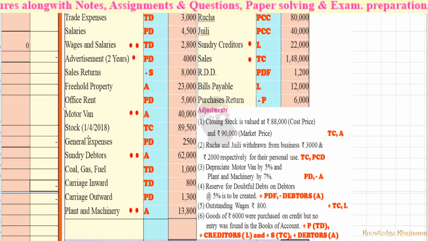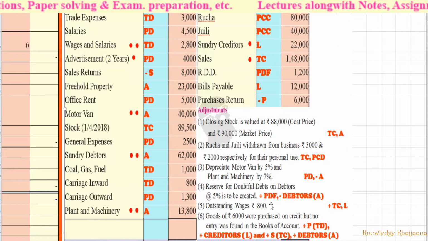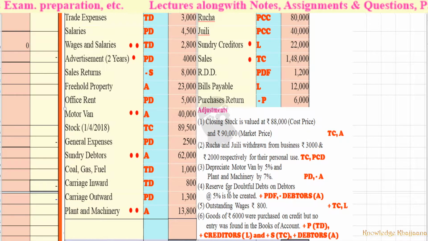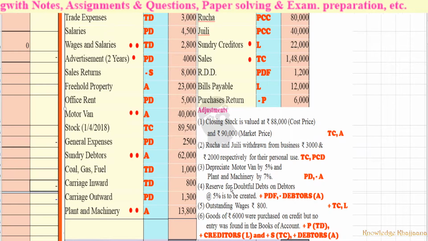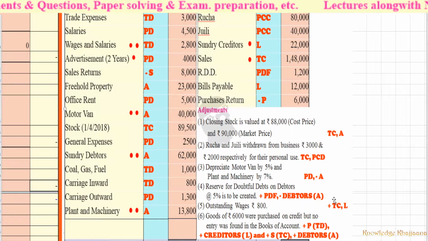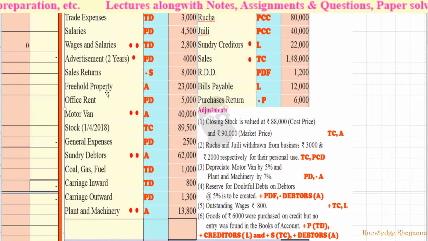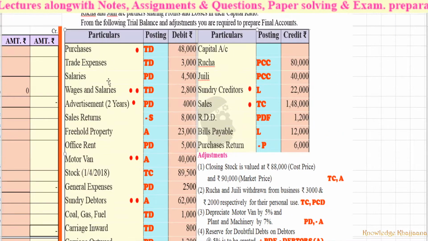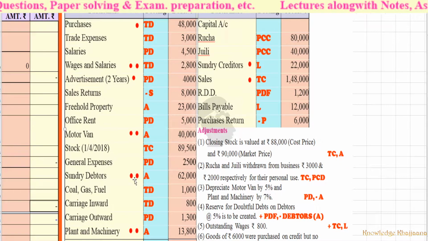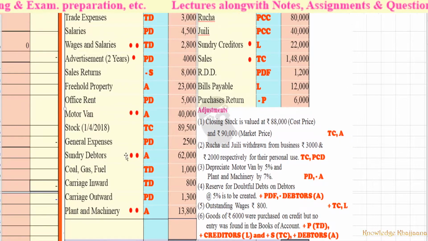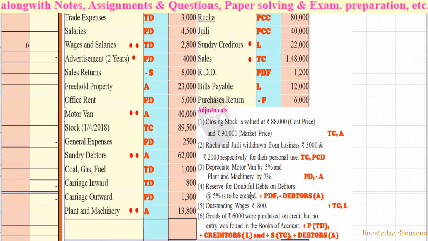But the bad debts are not given here in the trial balance, so we can directly record the reserve, right? And the second adjustment: that 5% RDD should be deducted from the debtors. Then there should be a mark against debtors, right? Where are the debtors? Sundry debtors, right? One mark for this RDD.